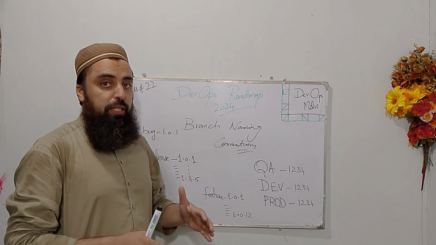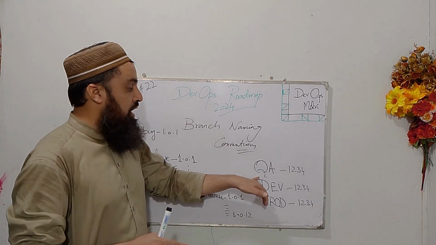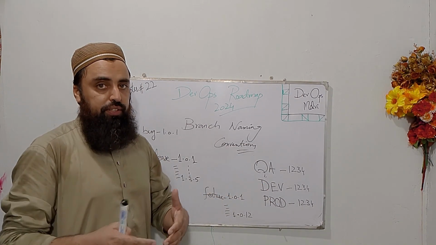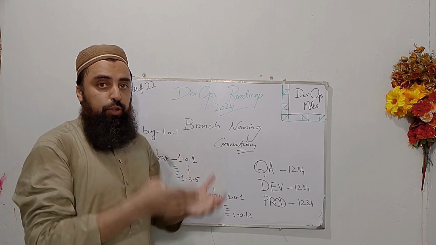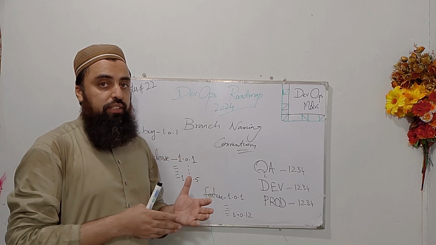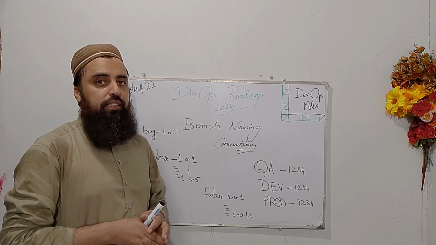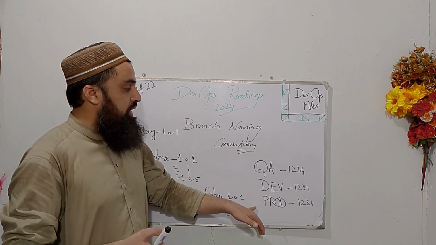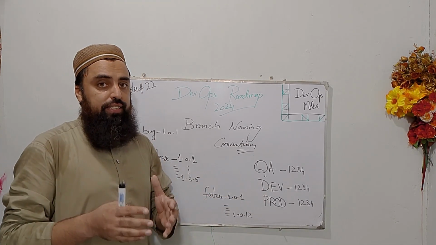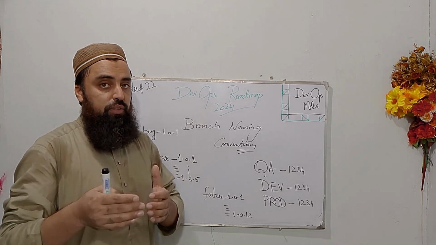And also we should keep in mind that some branches are team specific. On a single project there is definitely a QA team also working on that project, a development team, software engineering team, front end team, back end team. So these are to differentiate that this branch is related to the QA team.